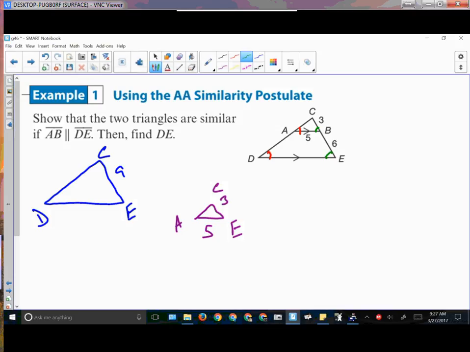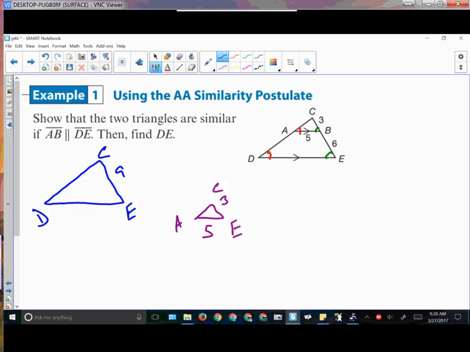So if I was on the smaller triangle and I wanted to get to the bigger triangle, how much more would I have to blow up the smaller one? Or if I was at the bigger one trying to get down to the smaller one, how much would I have to shrink the larger one? What would I have to shrink it by or multiply it by to make it bigger? What number?